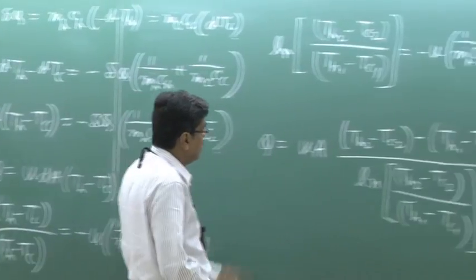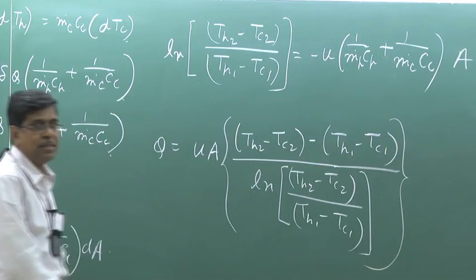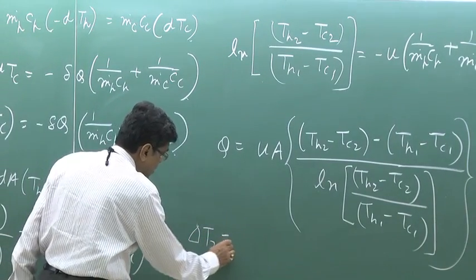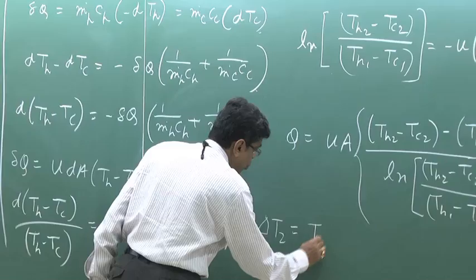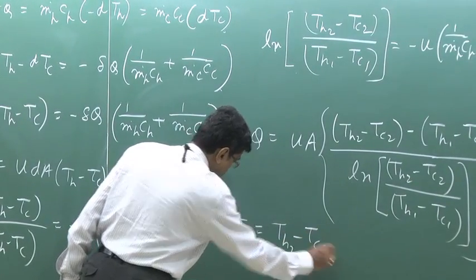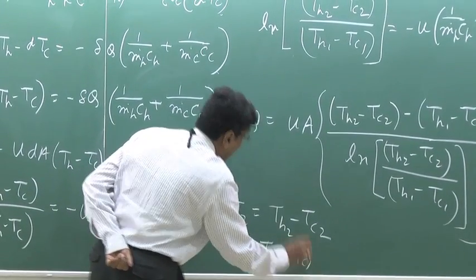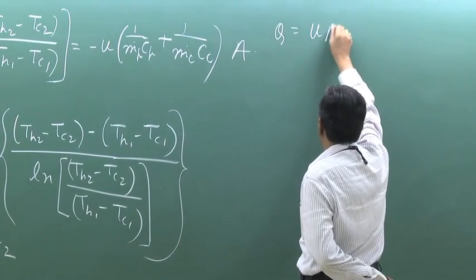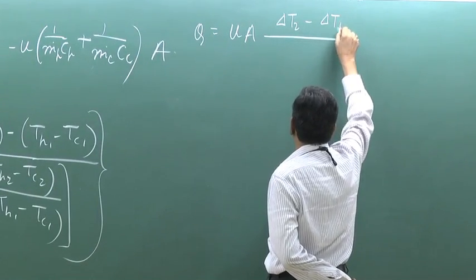That means here the entire thing is a mean temperature difference, delta T. Now if I define delta T2 as the temperature difference at the outlet in case of parallel flow, that equals TH2 minus TC2, and delta T1 is TH1 minus TC1, then this can be written as Q is equal to UA (delta T2 minus delta T1) divided by ln(delta T2 by delta T1).